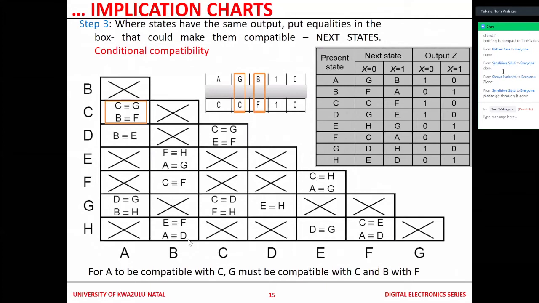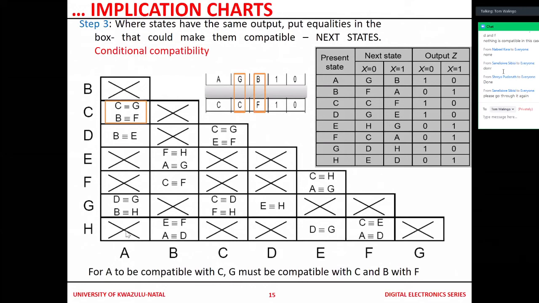Okay, I will repeat. You have filled in this. That was the last step. I will start here. What does this mean?